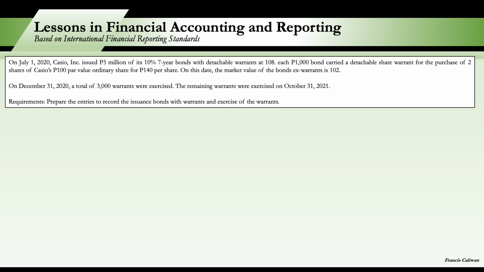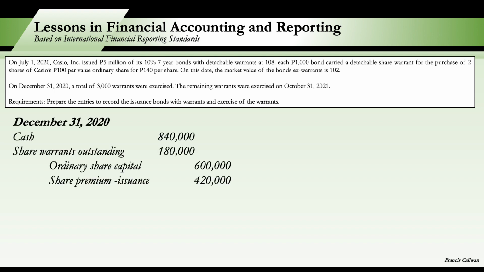So after the entry to record the issuance of the bonds payable with share warrants, let us now have the entry to record the exercise of the warrants. So on December 31, a total of 3,000 warrants were exercised, and that is equivalent to 6,000 shares. So our entry will be debit to cash for 840,000. How do we determine that amount?